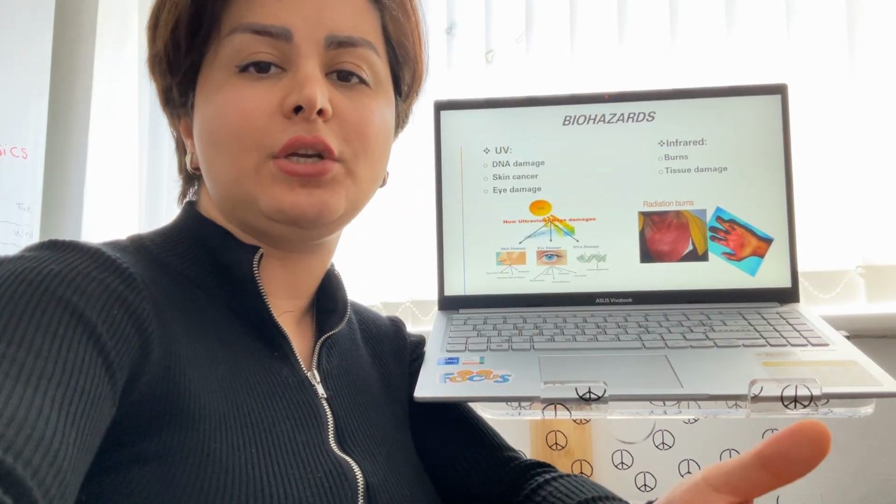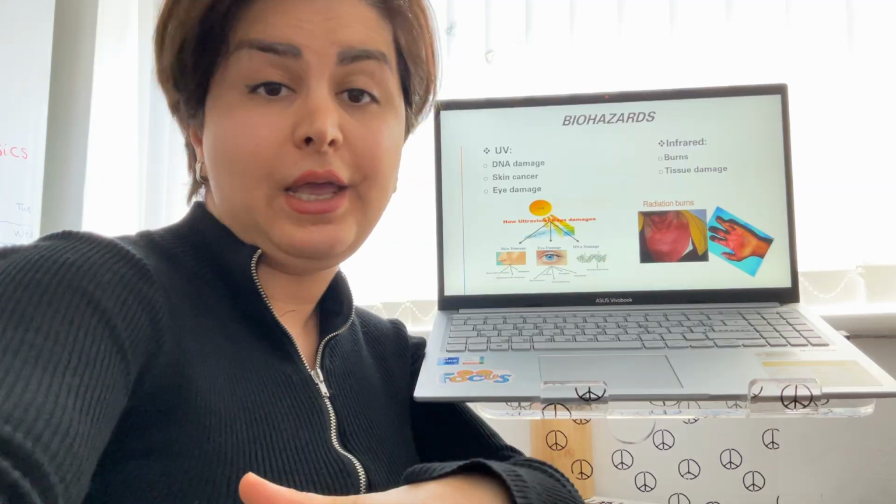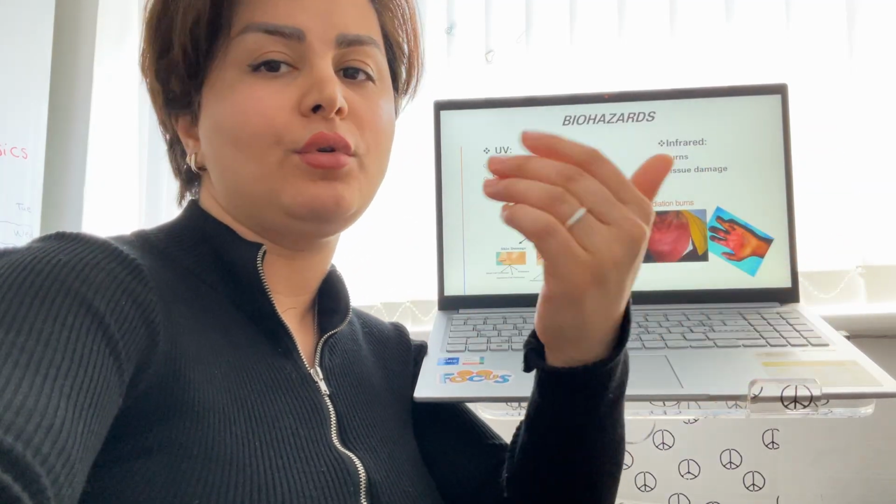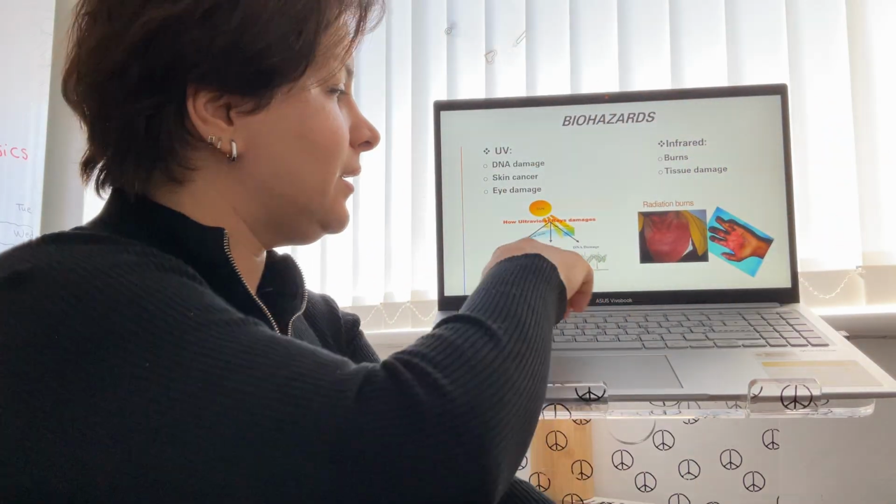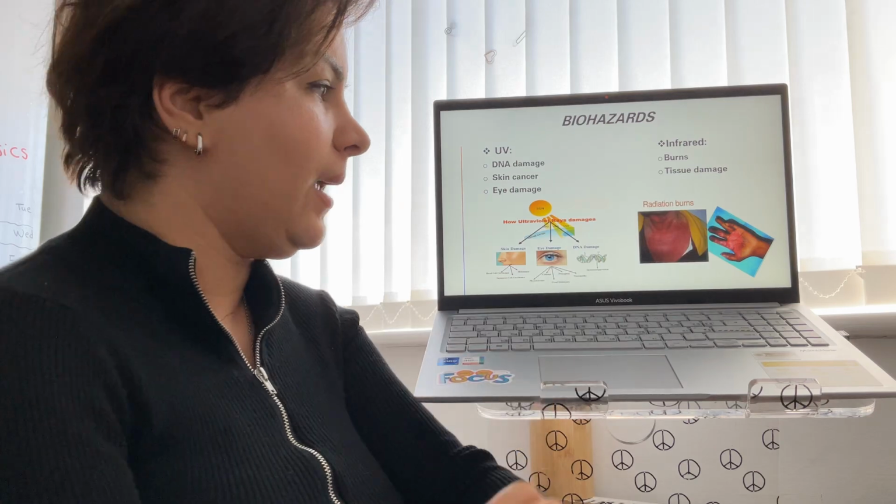Infrared radiation, although lower in energy, can still cause harm through prolonged exposure, leading to burns or damage to body tissue due to heating effect, as you can see in the picture here.